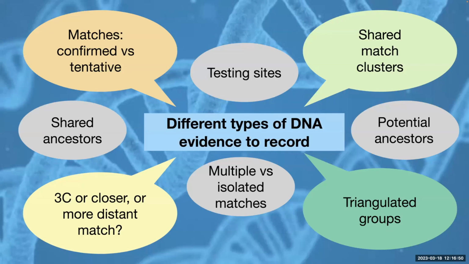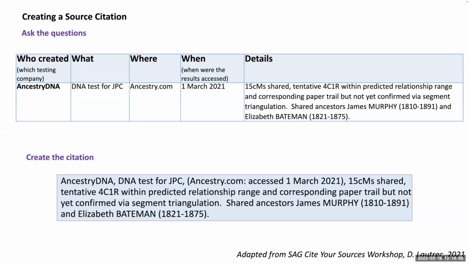We have all these different things, which I spoke about this morning, which need to be factored in terms of our confirmations. And back in 2021, Danielle did this course, the Cite Your Sources workshop, which is probably still available in the shop. At that time, I went back and looked at all the source citations I was using, and I revamped them all based on what Danielle was suggesting in that session.